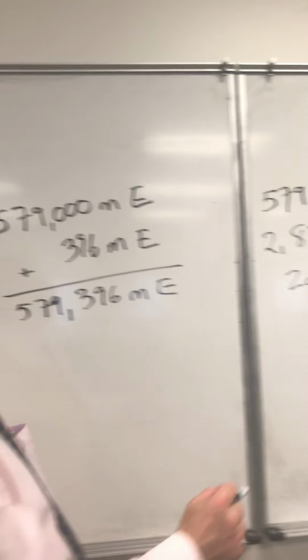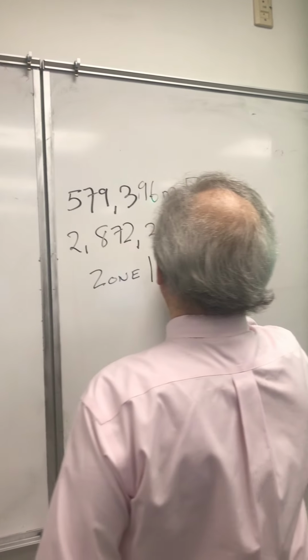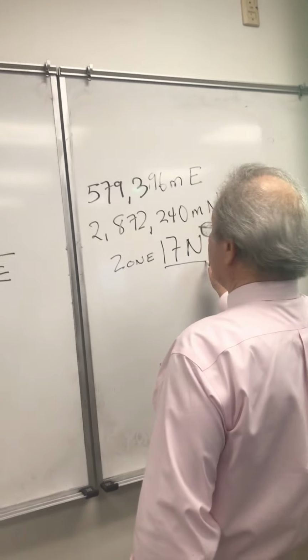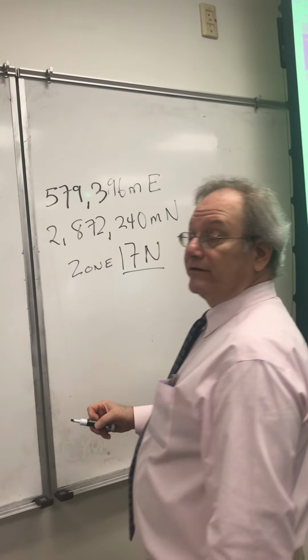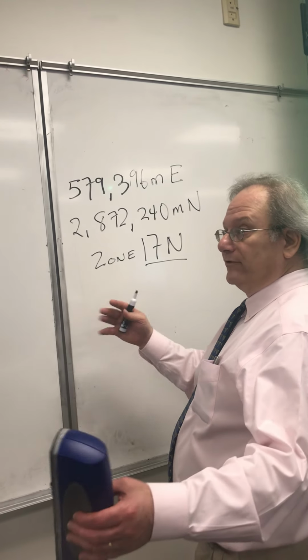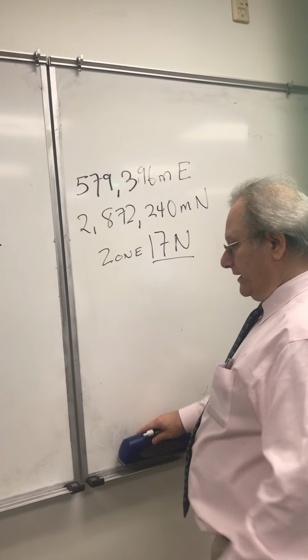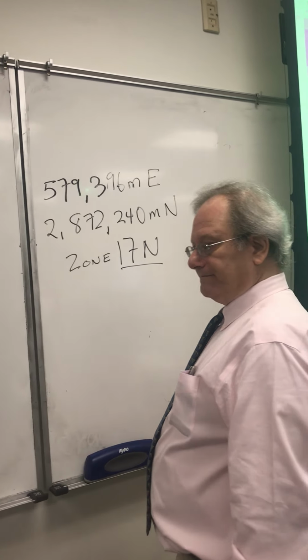Zone 17 north. The only reason I know that is because it says it on the legend of the map. I didn't deduce it or measure it. I just have to read it off the legend of the map.